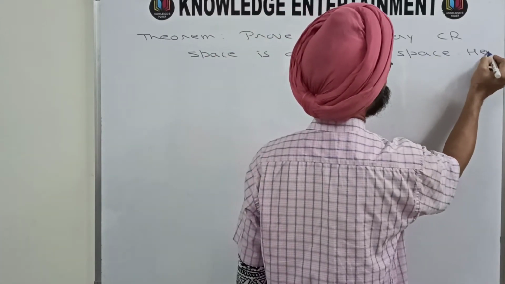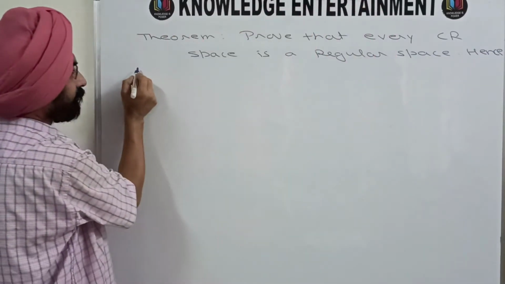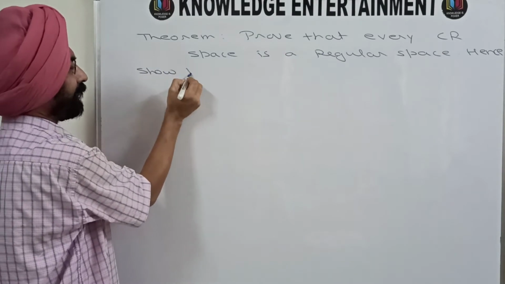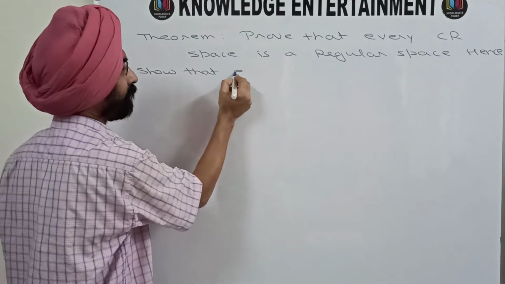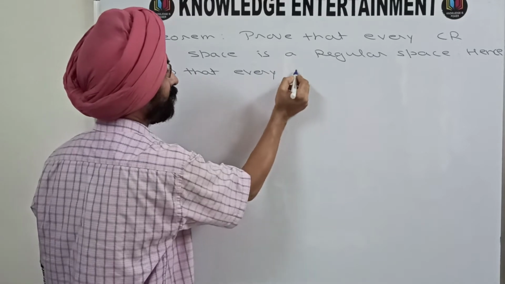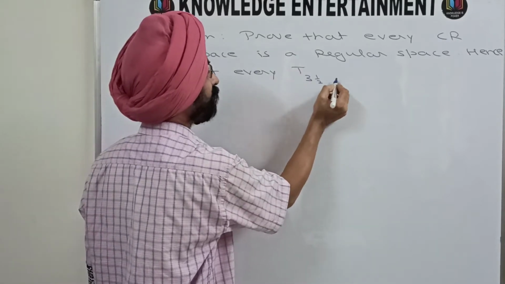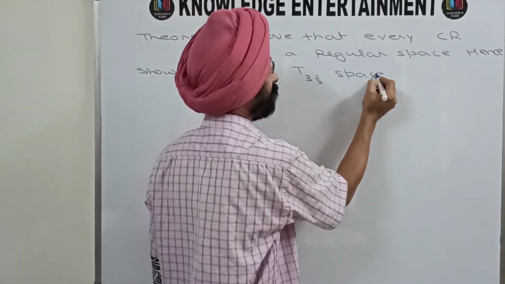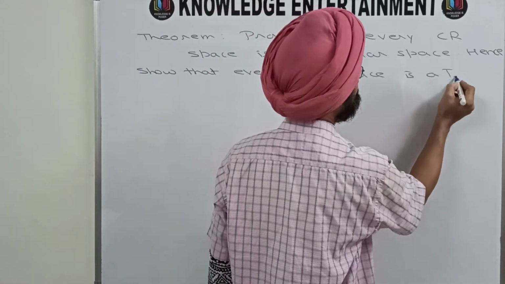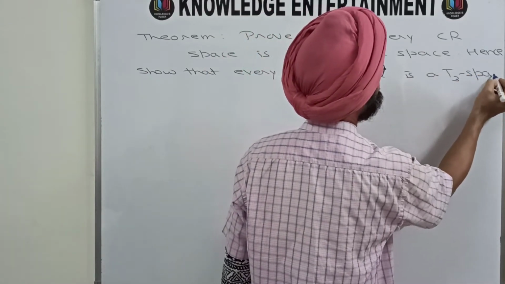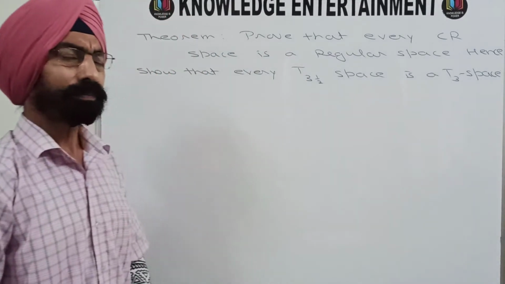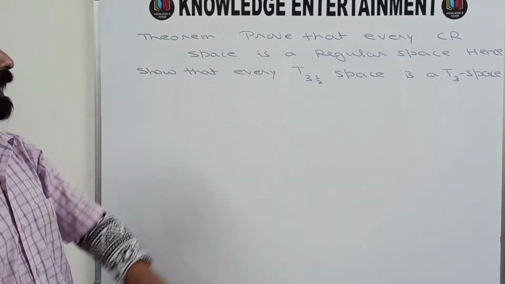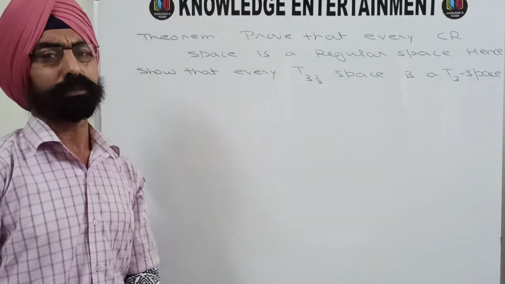Hence, show that every T3 and a half space is a T3 space. So this is the theorem. First we'll prove that every CR space is a regular space.